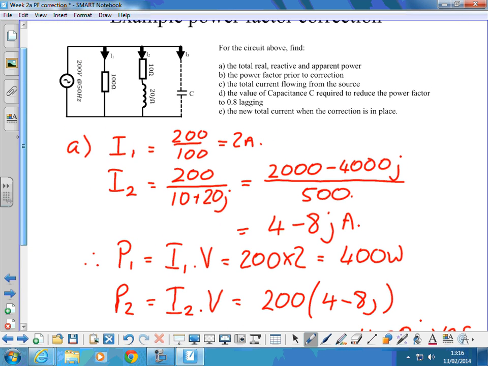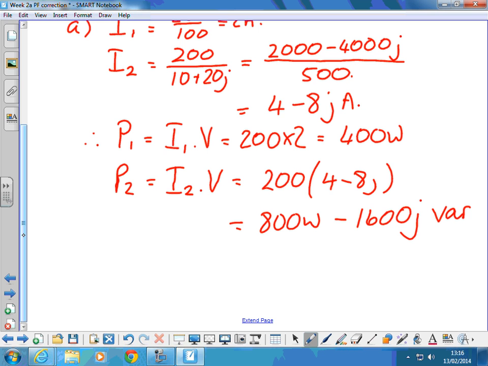What did the question say? Total real, reactive and apparent power.